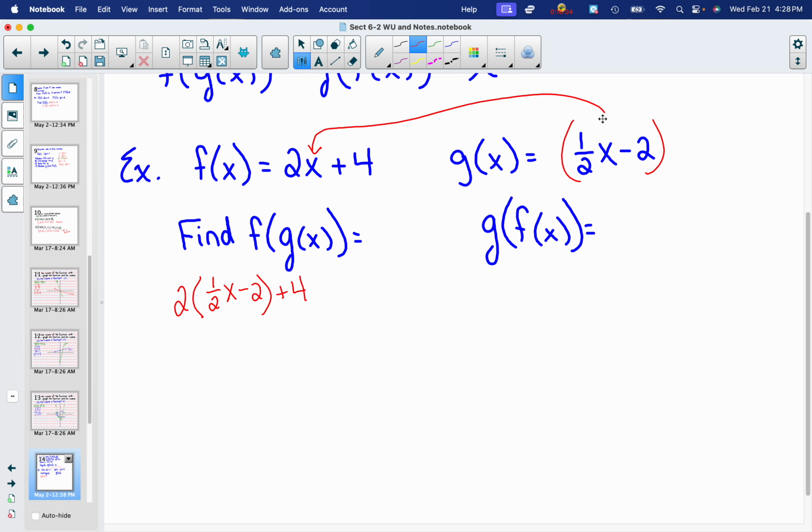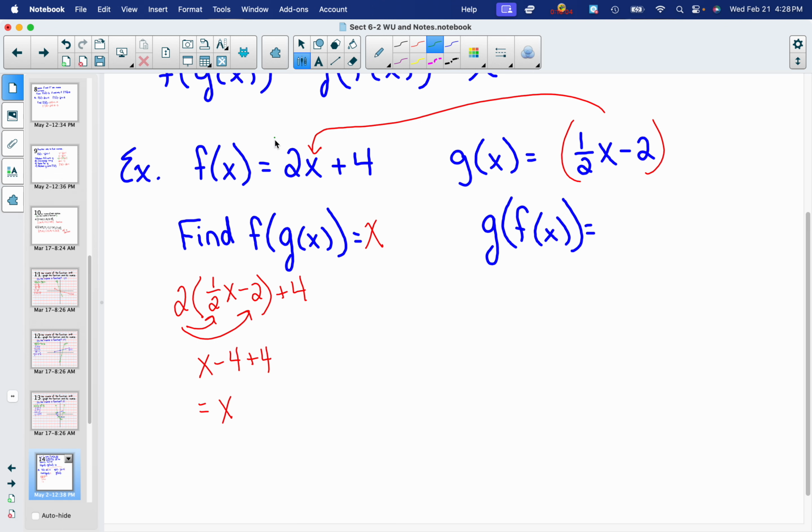So all I did was drop the g of x in place of the x inside f of x. Distribute this 2. 2 times 1/2 is a whole, so I get just x minus 4 plus 4, which equals x. So that's good.